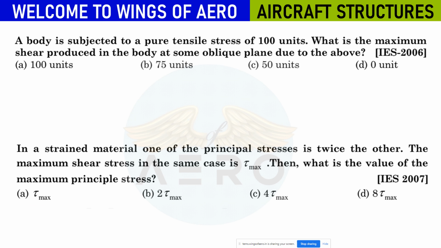Solve the first one first. A body is subjected to a pure tensile stress of 100 units. What is the maximum stress produced in the body at some oblique plane due to the above condition? What is the answer?